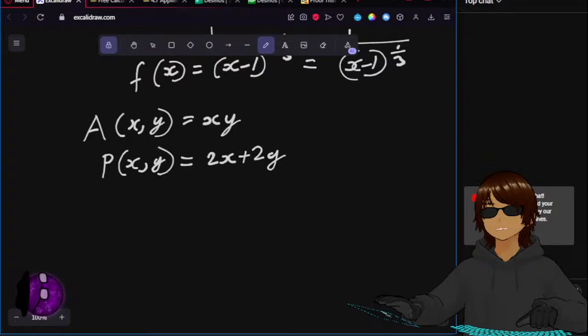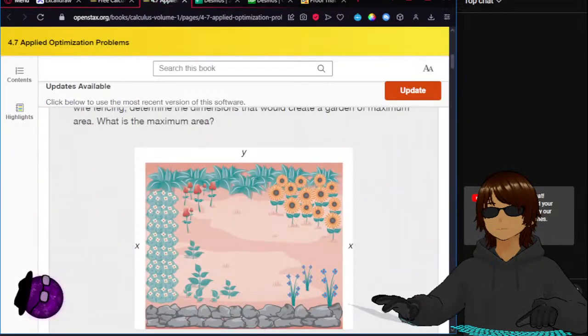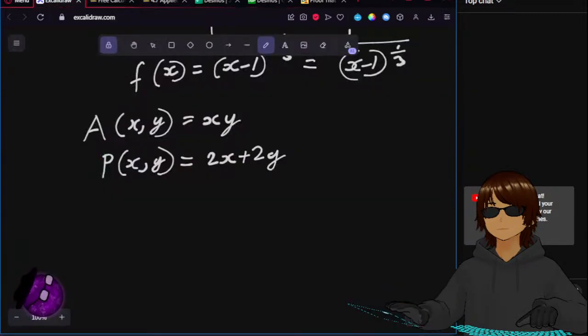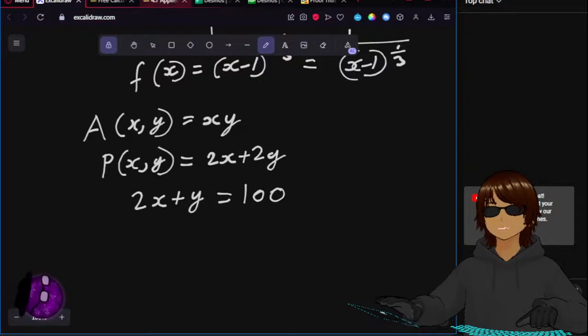So, given 100 feet of wire fencing, 2x plus y has to be 100. We are trying to find the maximum area, right?